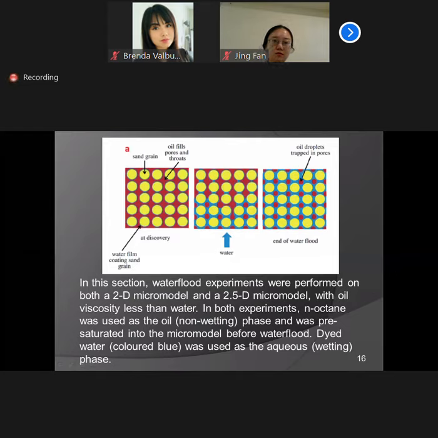This is also the 2D and 2.5D model experiments with oil viscosity less than water. In both experiments, n-octane was used as the oil phase and was injected into the micromodel before the water flood; dyed water was used as the aqueous phase.